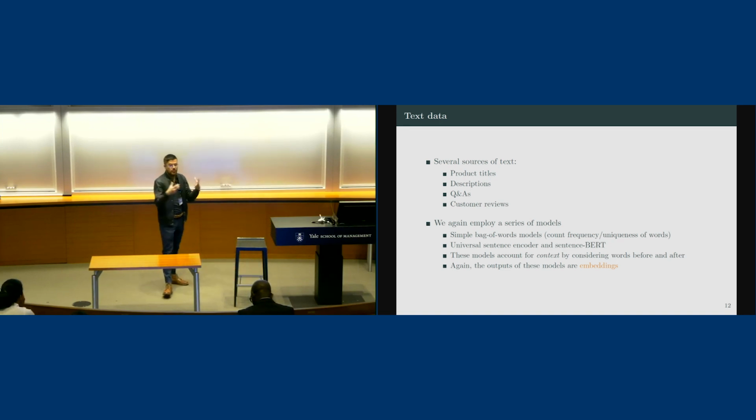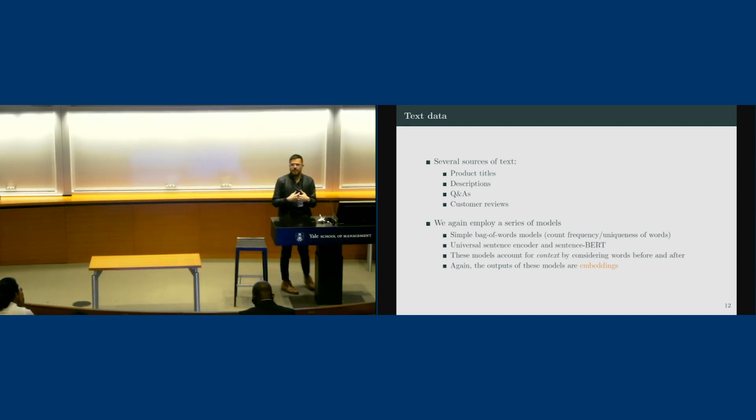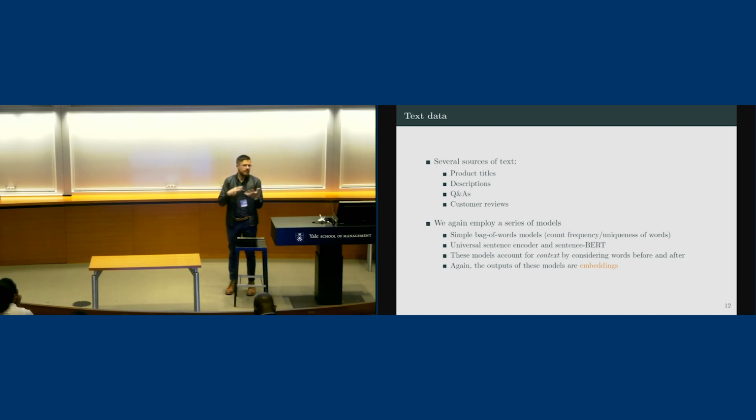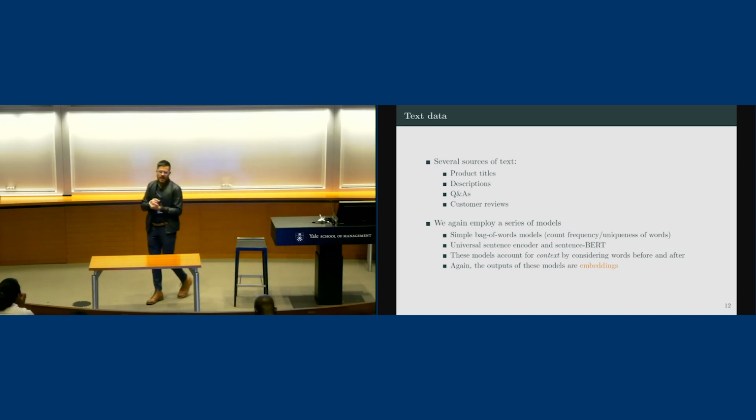So for example, if two reviews or two product descriptions have both the words 16 gigabytes for memory, that is going to get picked up by the model. And then we use more complicated models that also allow for context. So they're not just counting how often words show up in text, but also try to infer meaning and context from the text.